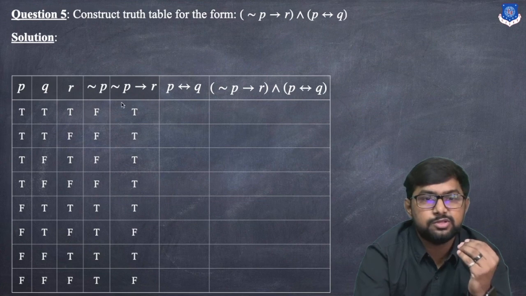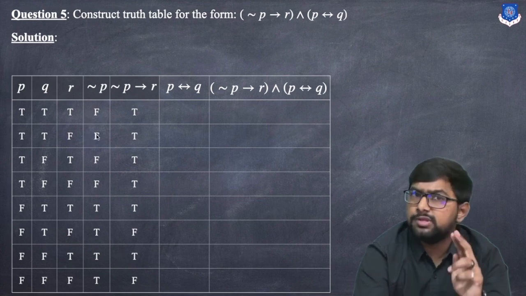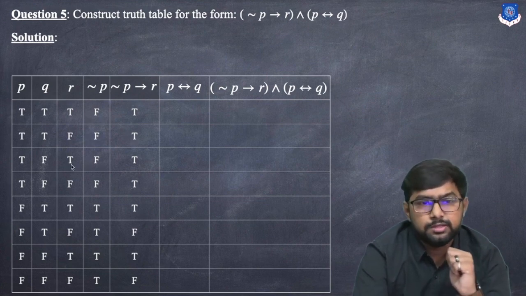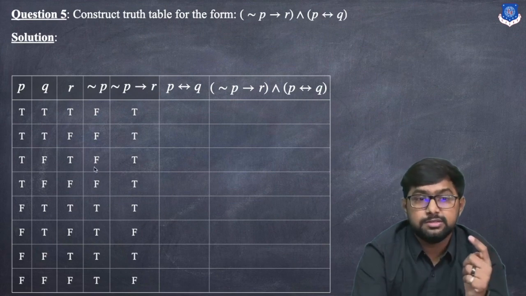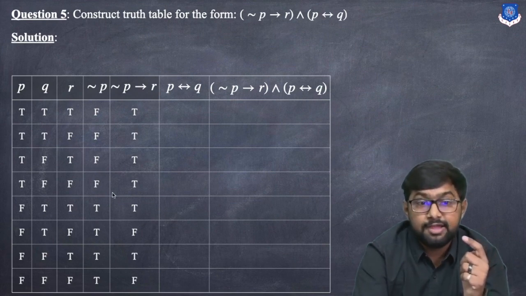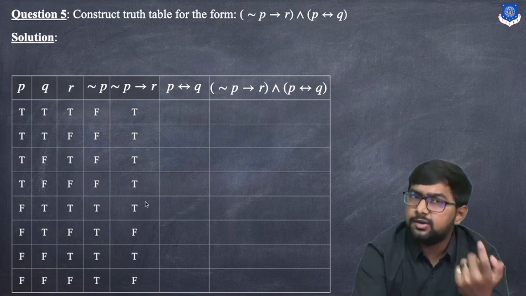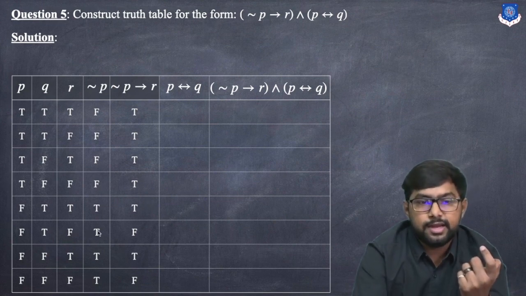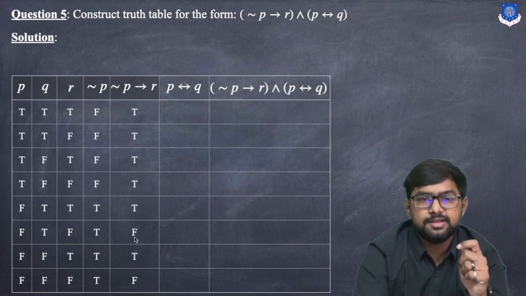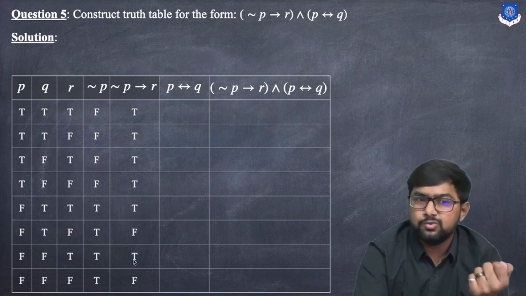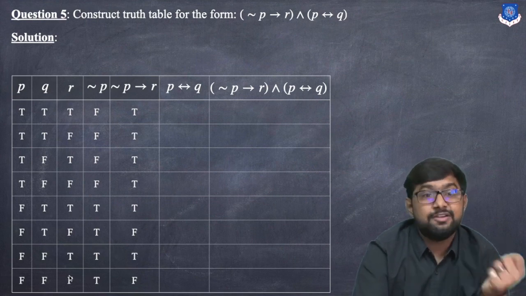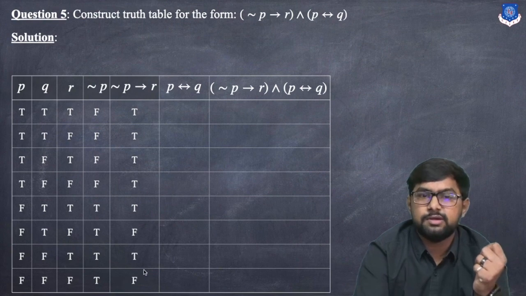FT, so that means T. Then FF, both are false, then it is true. Then FT, just T, the conclusion part is T. Then FF, both are false, so it will be true. Both are true, then also it will be true. Now TF, but the conclusion part is F, so it is F. Then both are true, then it is true. Then TF, so it is F.